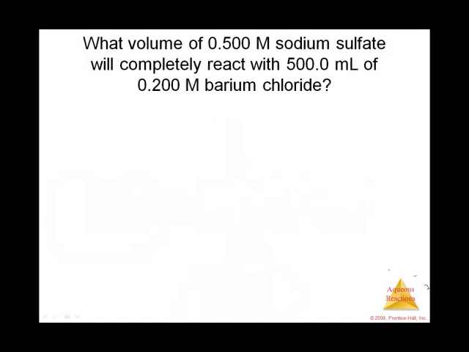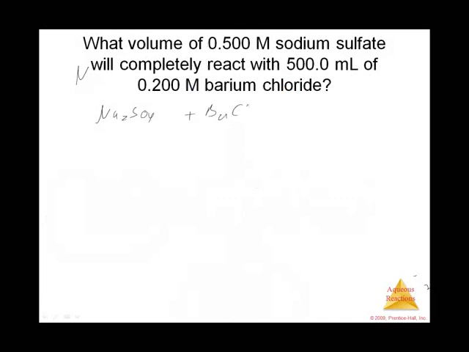What volume of 0.5 molar sodium sulfate will completely react with 500 milliliters of 0.2 molar barium chloride? Let's write the balanced equation first. It's always a good first step.